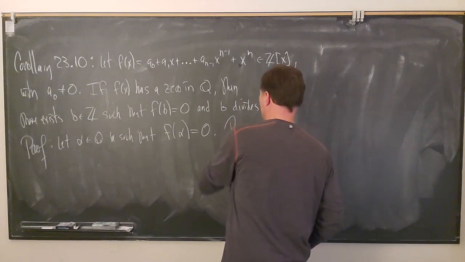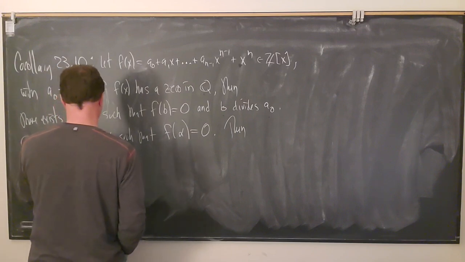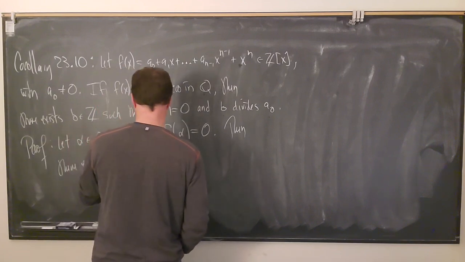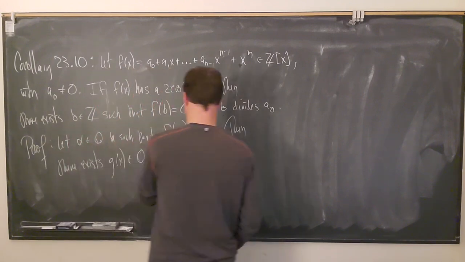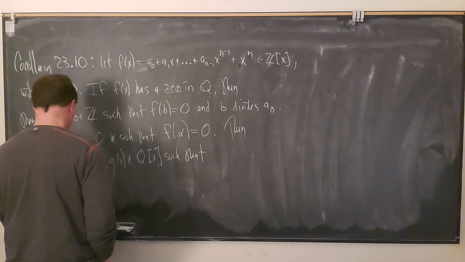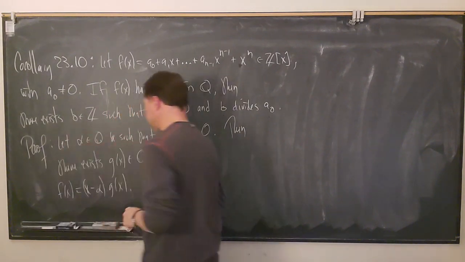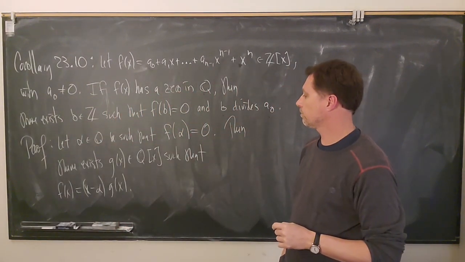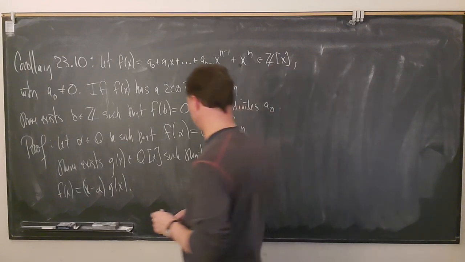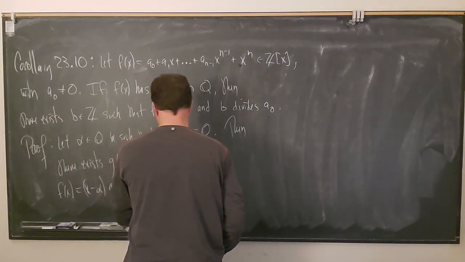So then there exists say little g of x in Q bracket x such that f of x equals x minus alpha times g of x. So that's due to the factor theorem.